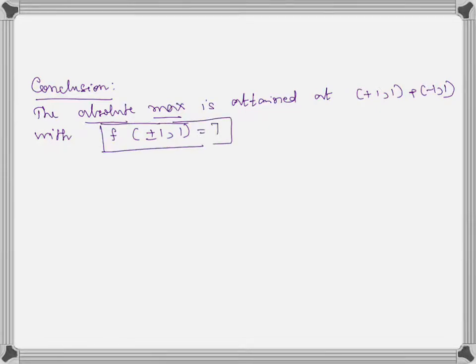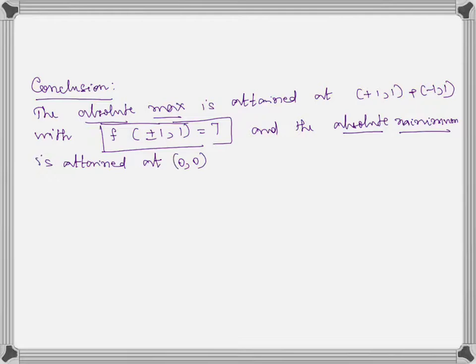That is the absolute maximum value. And the absolute minimum value is attained at (0, 0), and the absolute minimum value is f of (0, 0), which is equal to 4.